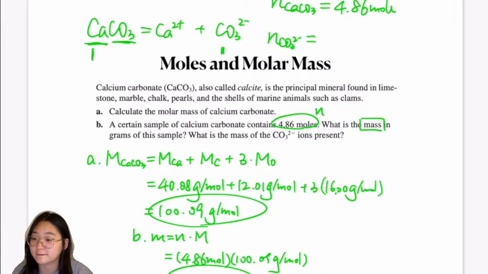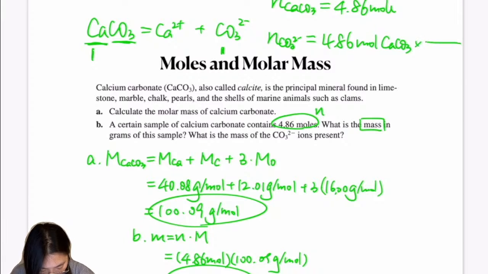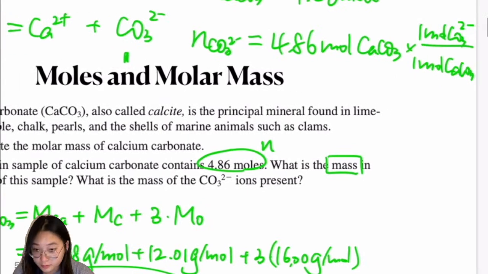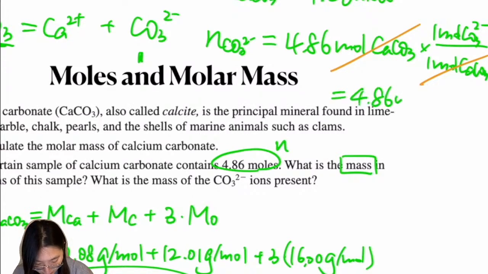We use the conversion factor: 4.86 moles of calcium carbonate multiplied by 1 mole of carbonate ion over 1 mole of calcium carbonate. Moles of calcium carbonate cancel out, leaving the unit of moles of carbonate ions. So we have 4.86 moles of carbonate ions.